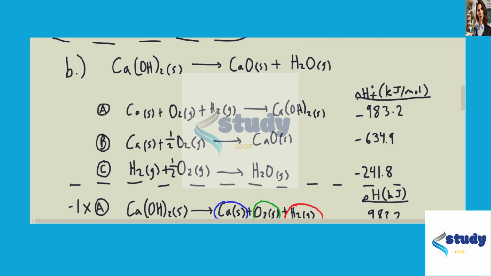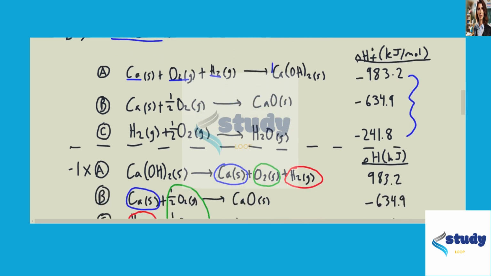So again, we're forming calcium hydroxide from calcium, oxygen, and hydrogen, and balancing out appropriately to produce 1 mole. And we do that for the other two reactions, for CaO and H2O, those formation reactions. And we can look up the values for delta H again.